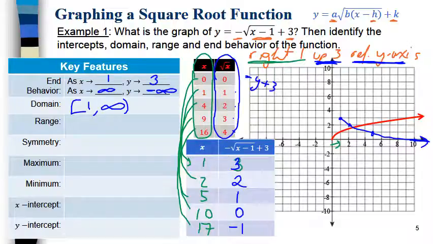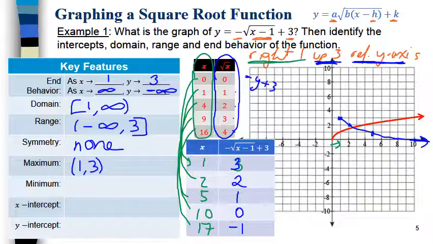And my range has a maximum of 3, so that means my range can go from negative infinity up to 3. There is no symmetry. My maximum is going to occur at 1, 3 here. There is no minimum because my y values are going to go down forever.